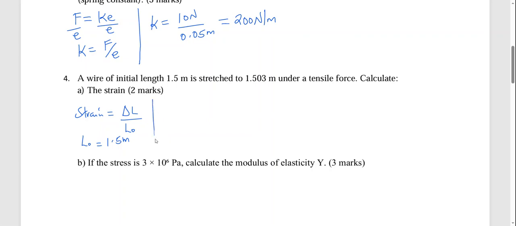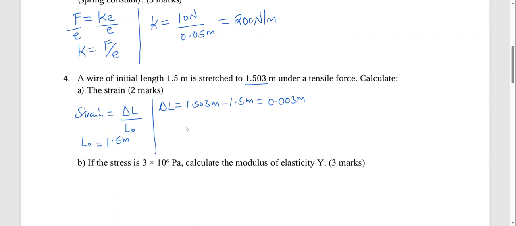For the change in length, we will find it by taking 1.503 meters minus 1.5 meter. We end up having 0.003 meters. This is the change in length.